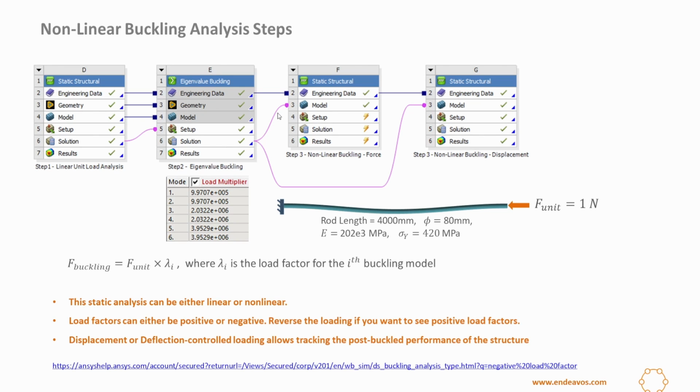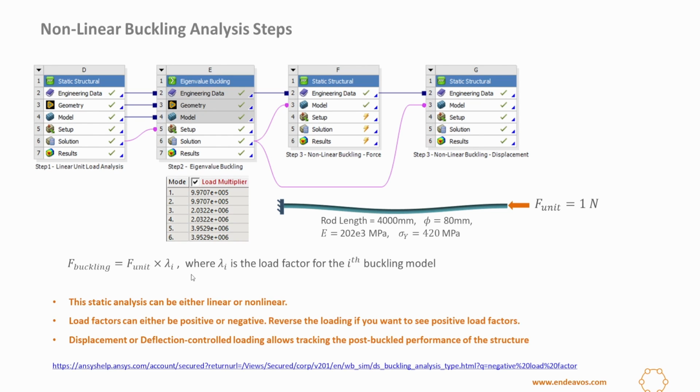Usually mode 1 is used because that's where the structure is going to buckle given a loading condition. And you can vary the scale of that imported deformed model based on manufacturing tolerances or whatever actual imperfections or the magnitude of imperfections you're expecting.